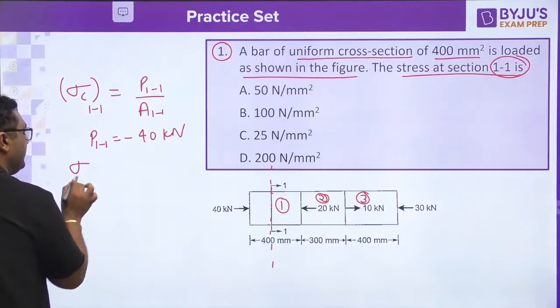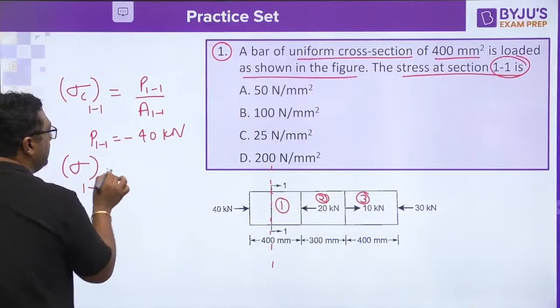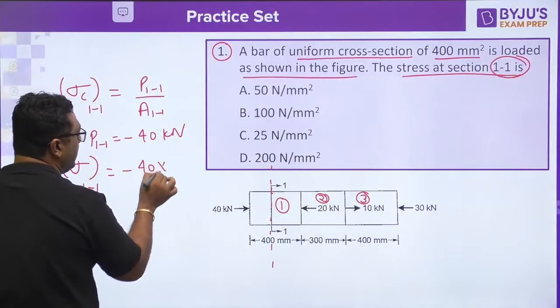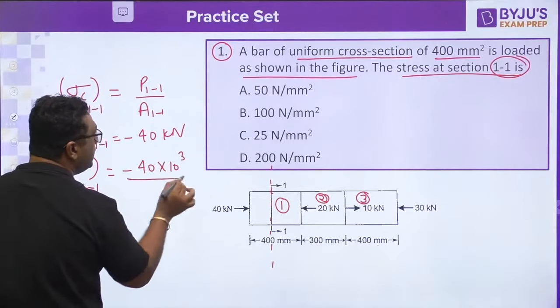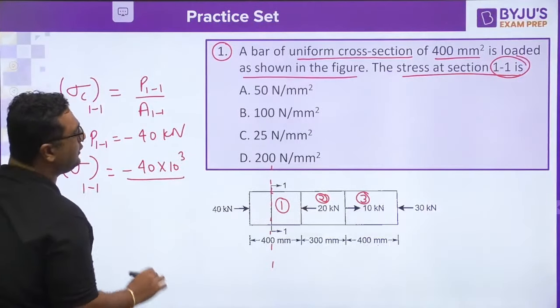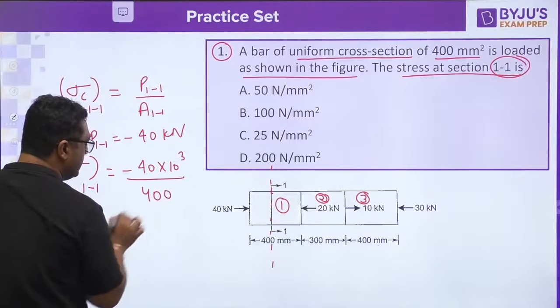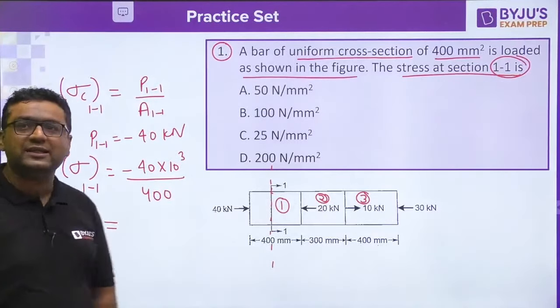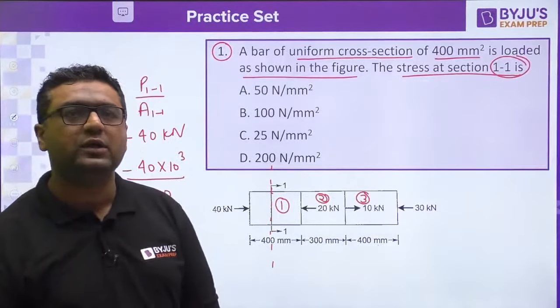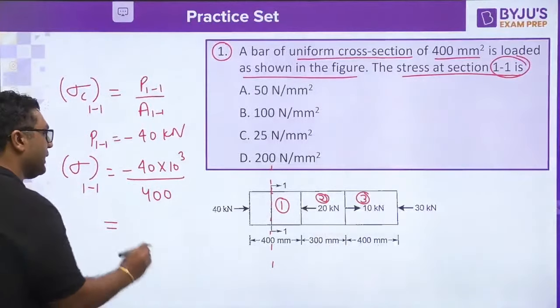So the stress in member 11 is minus 40 into 10 power 3, this is the force, divided by area, which is 400. So my dear, you will be getting the value of stress. Yes, very good Rama Teja. The answer is going to be 100 Newton per mm square.